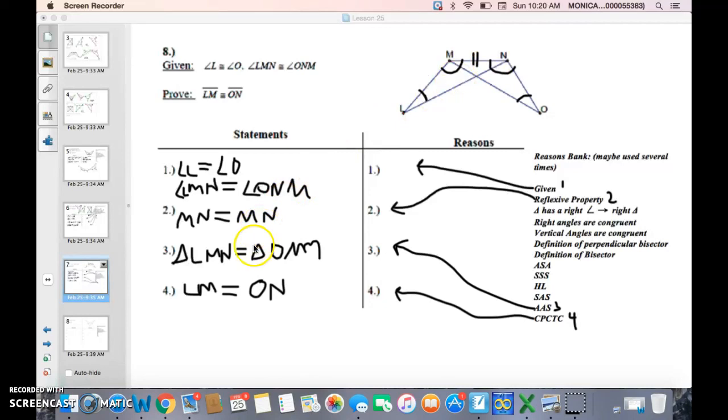So now I can prove the 2 triangles are congruent by using angle, angle, side. So to prove that LM is going to be congruent to ON, that's this side here and this side here, well, if I know they're congruent triangles, then I can use congruent parts of congruent triangles are congruent. And so those are my 4 reasons for this proof.